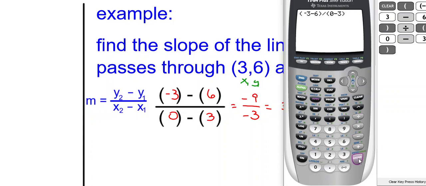Close that parenthesis and hit enter. We did get 3, what we got when we calculated by hand. If you happen to get a decimal, you can still turn that into a fraction on your calculator. You do it on this math button here. You hit math 1 or enter for a fraction, and then enter for turning your answer into a fraction.